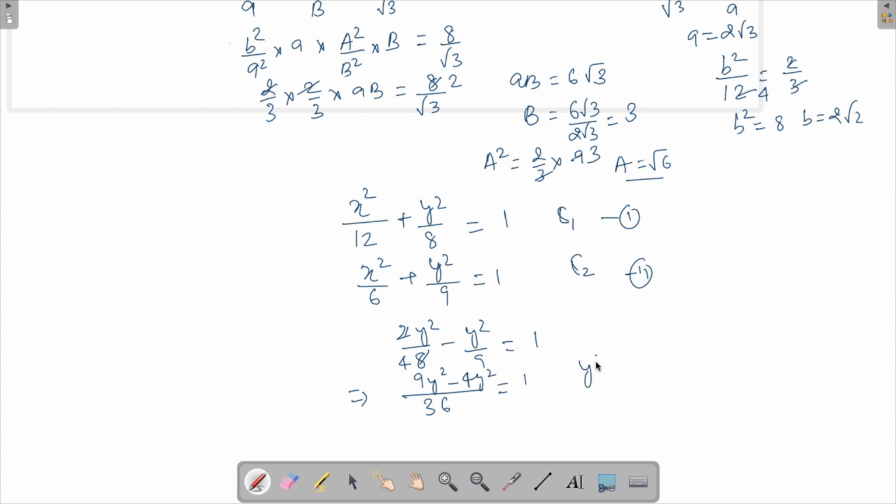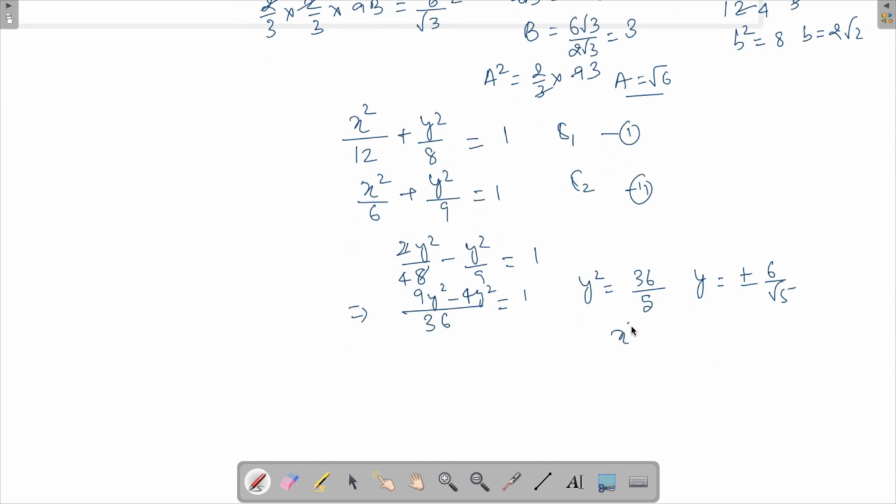So y square is 36 upon 5. So y is plus minus 6 upon root 5. So let's get x square as well. So x square upon 6 plus y square by 9. So y square is 36 by 5 into 1 by 9, so we are substituting here, equals 1.